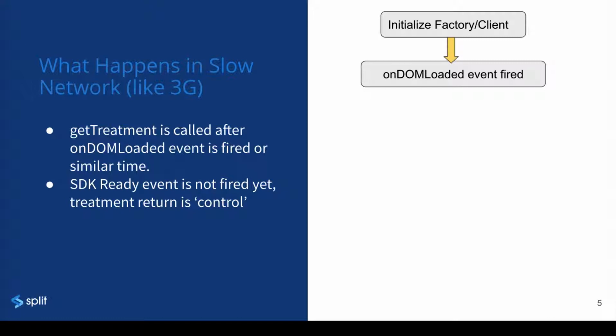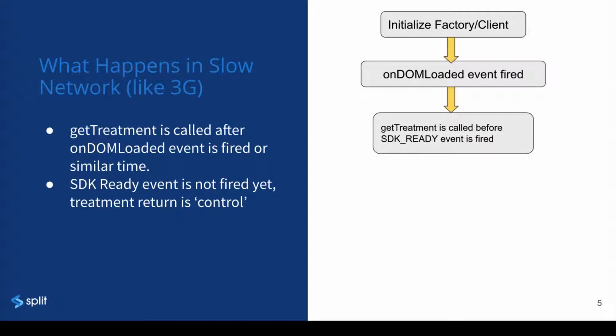Now, if the onDOMLoad event fires, but the SDK is still not ready because we're on a slow network, then the getTreatment call is actually executed before the SDK ready event is fired, and you're going to get a control. And this is a very common scenario that we see for a lot of customers who do not use the SDK ready events to check if the SDK is ready before calling getTreatment.